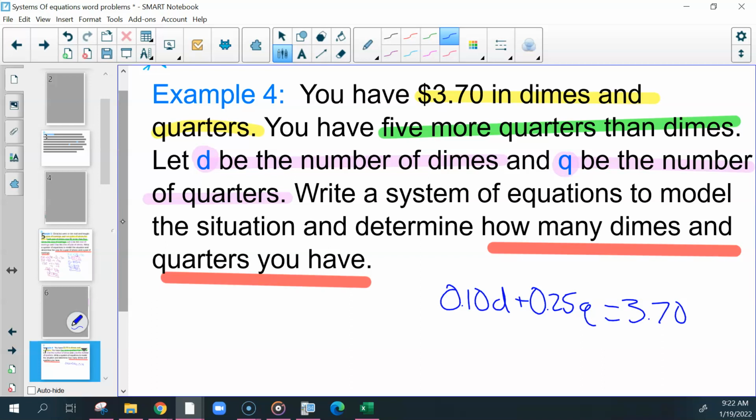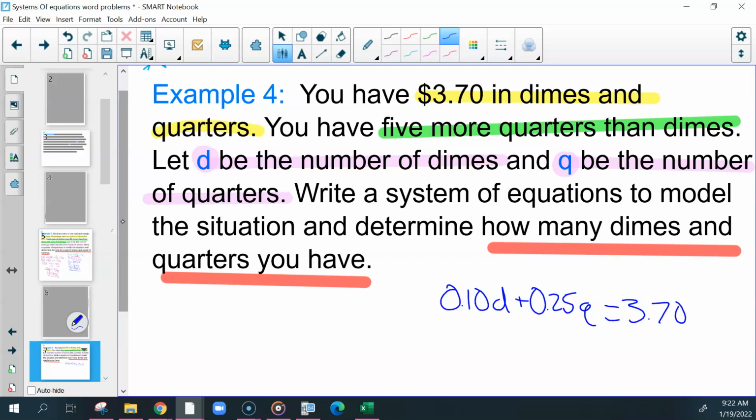What is this about the quarters? Not times. So more than here would be adding. Abby, did you have something different? That's right.